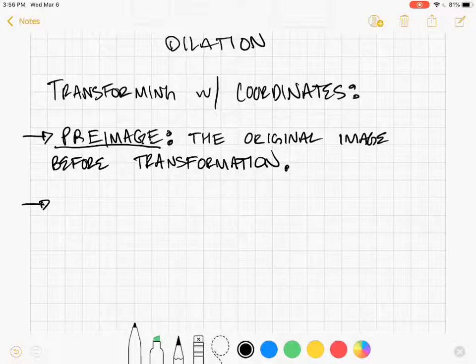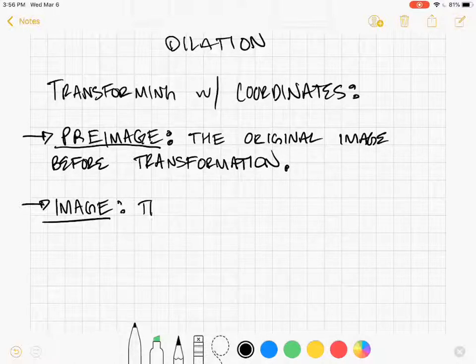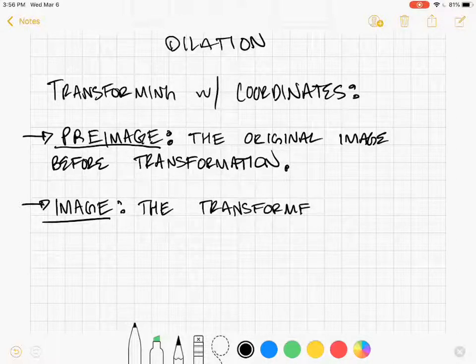Well then, if the pre-image is before transformation, then the image has got to be the transformed image.